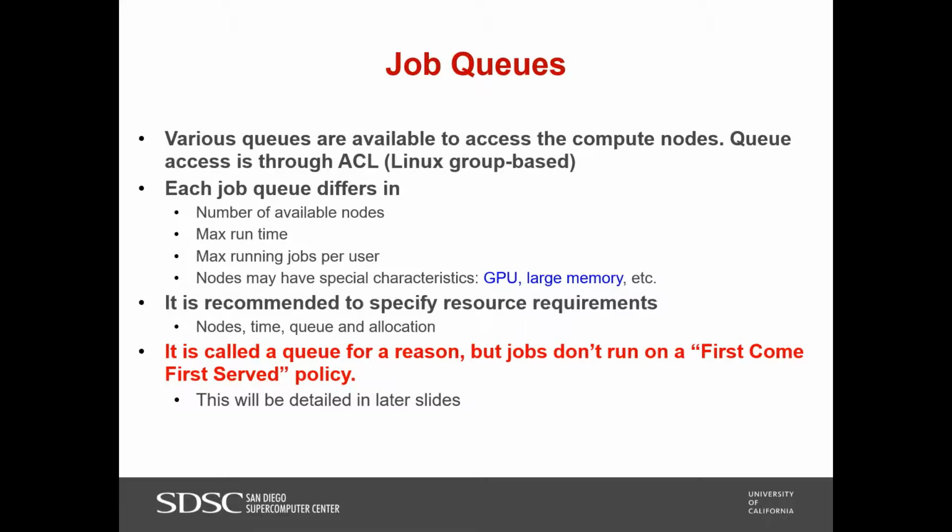Imagine that if there were a first come, first served policy, a user submitted 1,000 jobs, and each job lasts for 3 days on TACC. Then all other users would have to wait for his 1,000 jobs to finish after 3 days. Nobody will be happy with that.